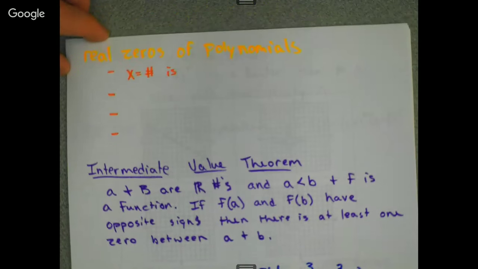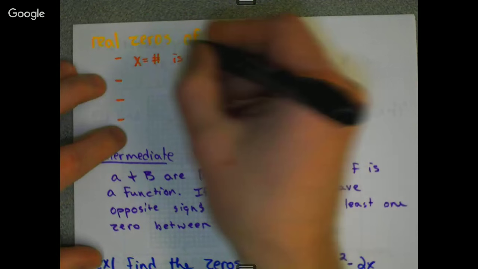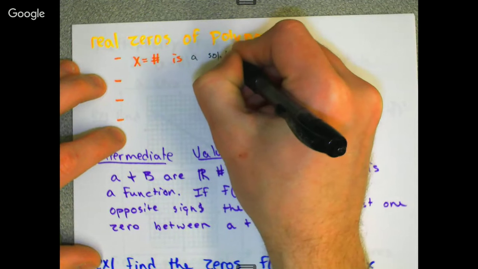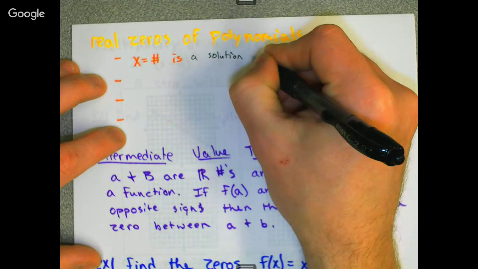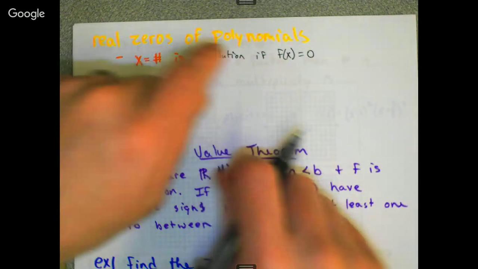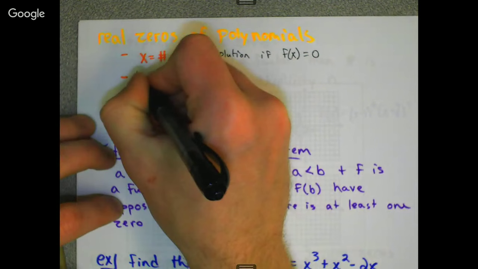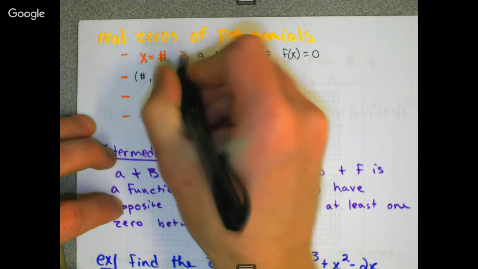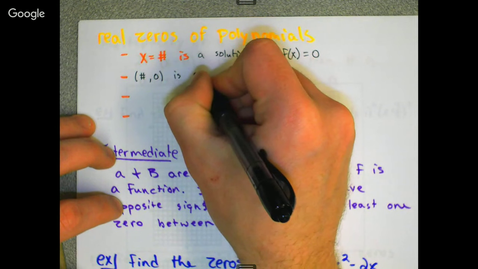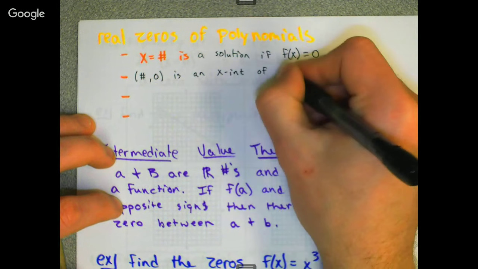So, real zeros of polynomials. So if x equals a number is a solution if f of x equals 0. Okay. So if I take that number and I plug it in and I get 0, we call that a solution. Okay. And then our number comma 0 is an x-intercept of the graph. Okay.